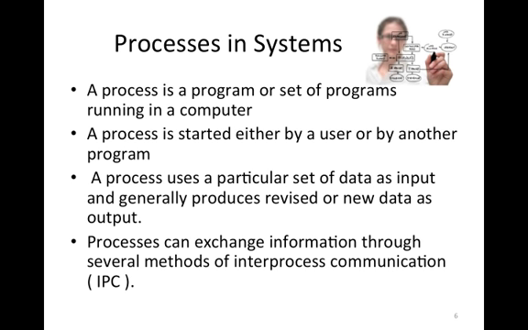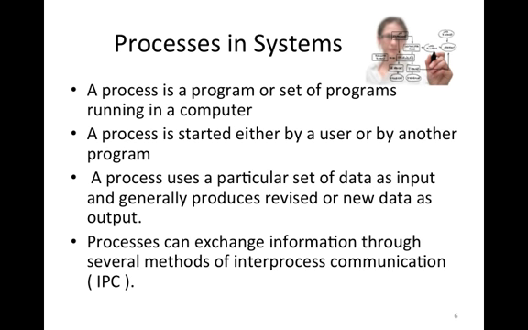When we think of processes in systems, we often think of it as the set of a program or multiple programs that work together running in a computer. In computer science, that's what we think of as a process, an instance of a set of programs that are running. And a process is started either by a user who makes some kind of an action or by another program.